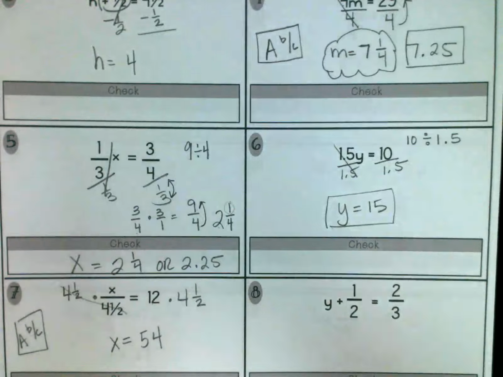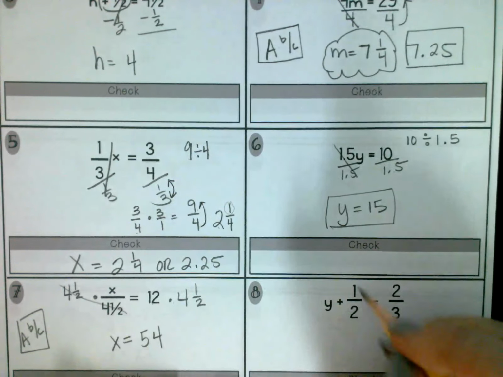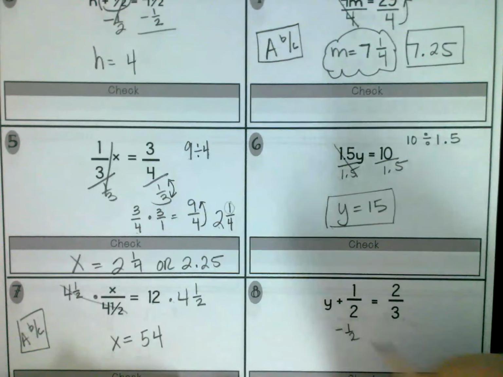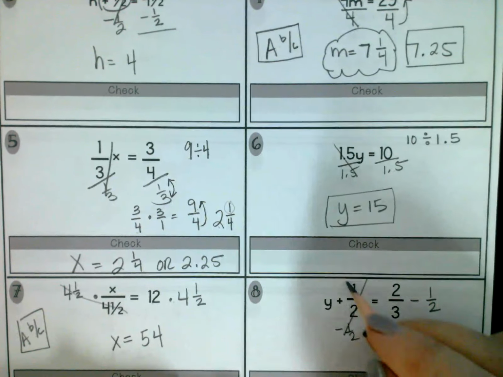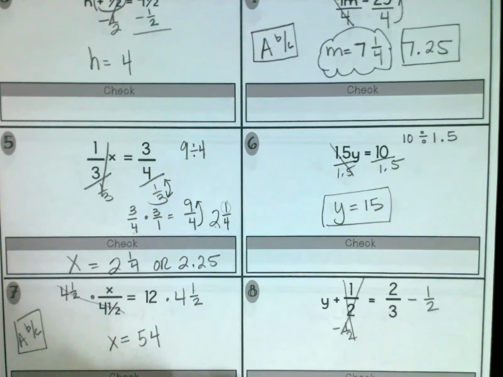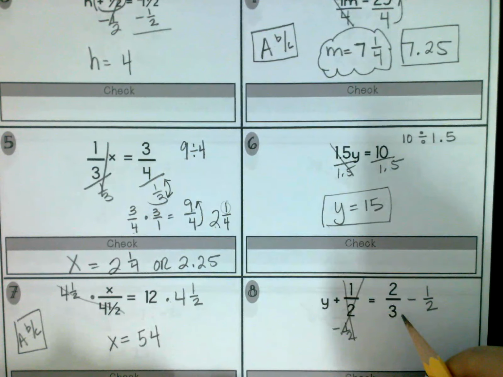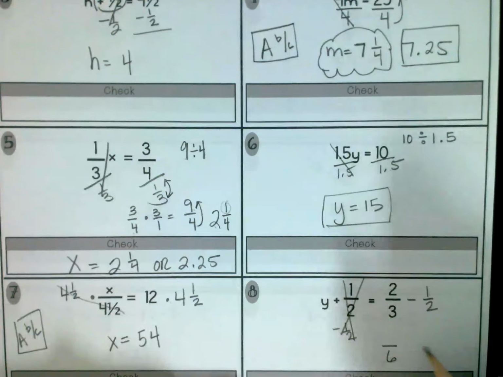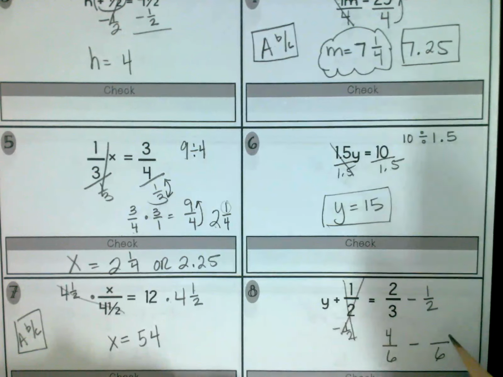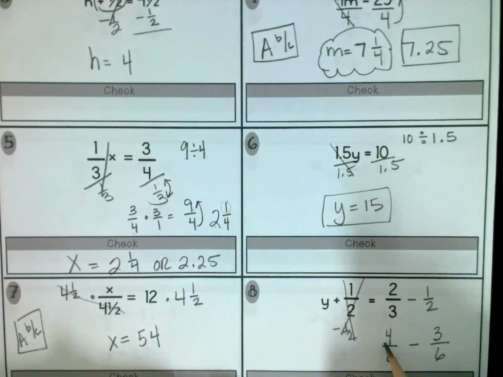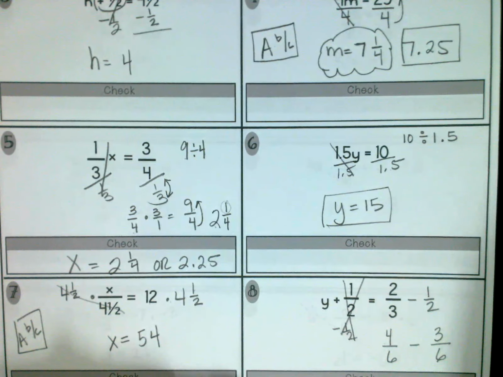This one, the only reason it is here as a challenge problem is because we'd have to subtract 1/2. But when you're working with fractions, you need common denominators. So they each have a common denominator of 6. So that would be 4/6 and 3/6. Subtract the top.